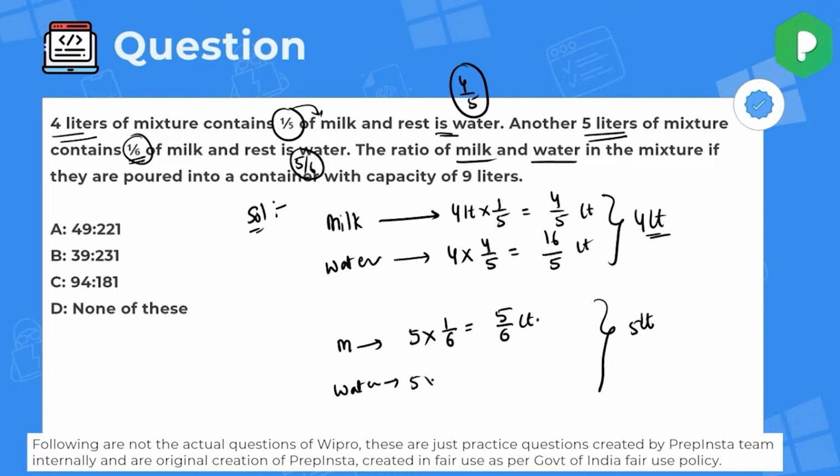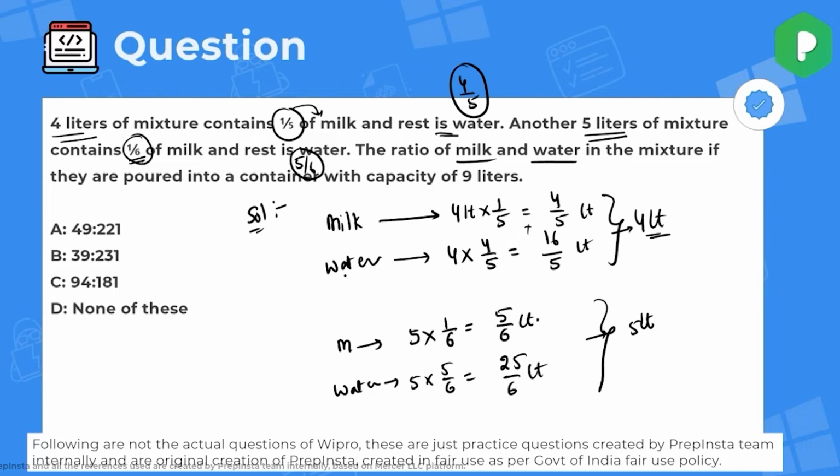So 5 into 5/6, which is equal to 25/6 liters. So if you add these two, 4/5 plus 16/5 is 20/5, which is nothing but 4 liters. 5/6 plus 25/6 is 30/6, which is nothing but 5 liters. So the quantity was divided according to the fractions given.